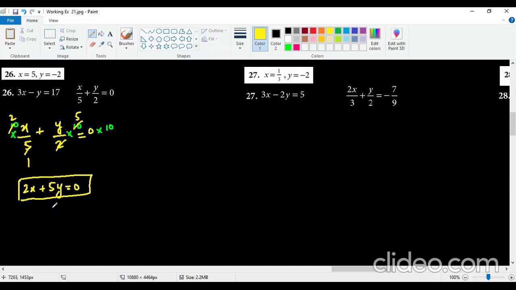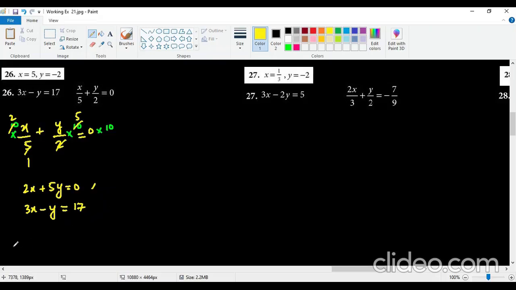The first equation is 3x minus y equals 17. Now I will multiply equation 1 by 3 and equation 2 by 2.